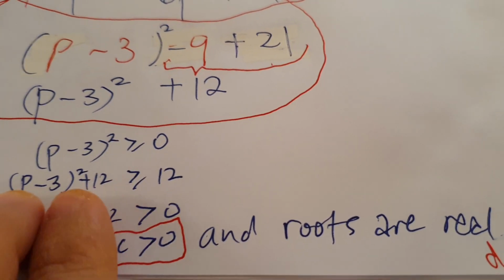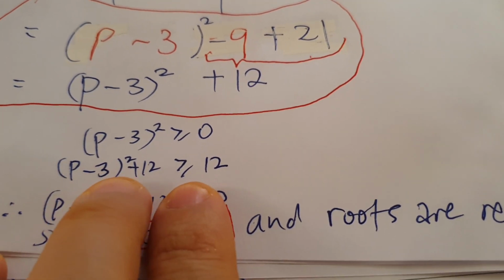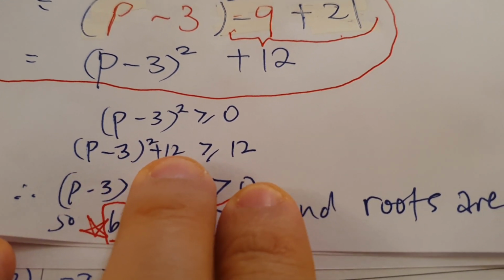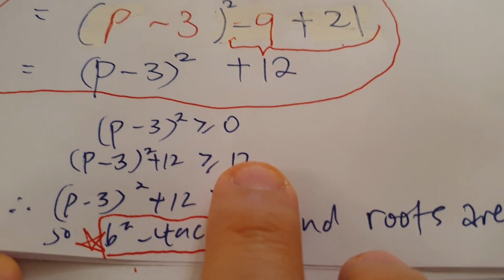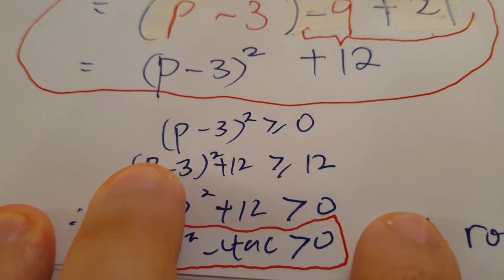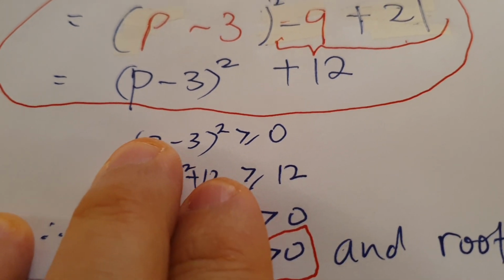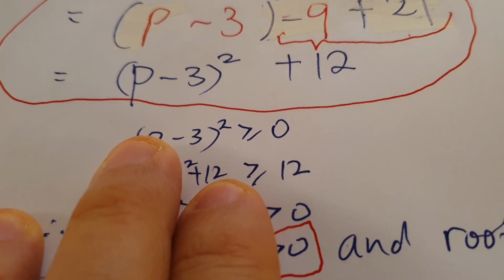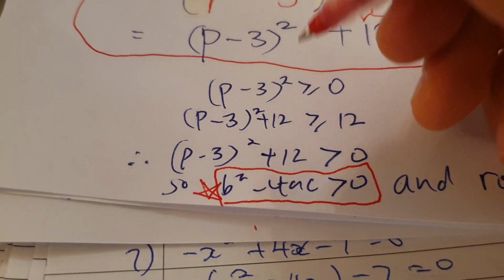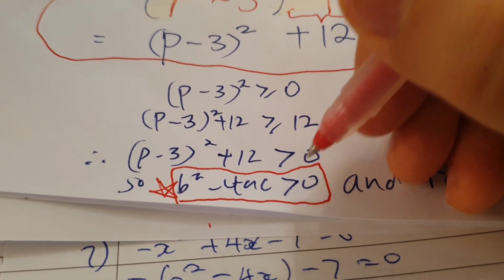This thing here, p bracket p minus 3, square, then plus 12. There's no way this thing can be equal to 0. You see what I mean? You put p inside here, this is 0, so the smallest is actually 12. So you can only conclude that it's greater than 0.